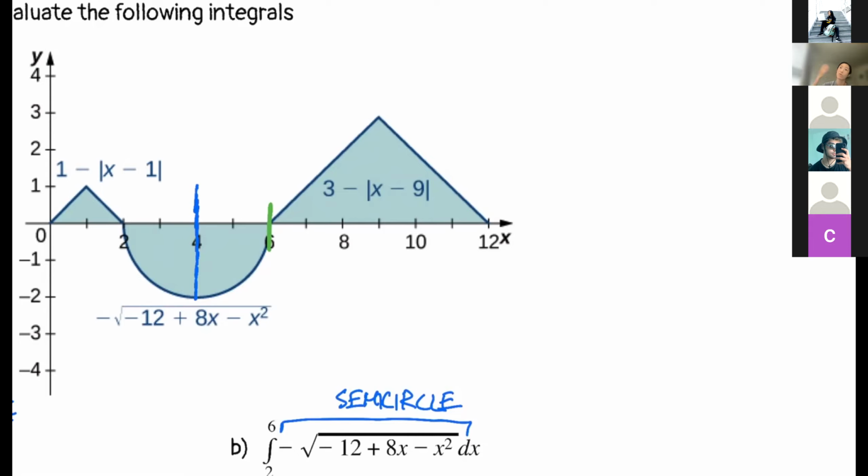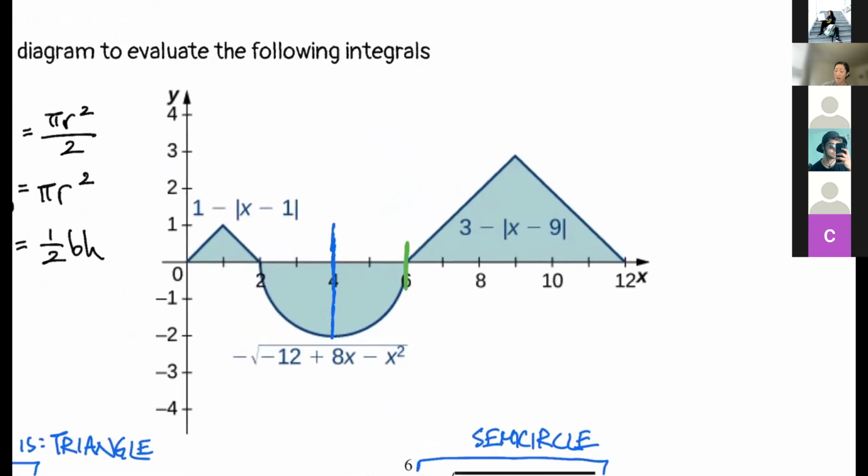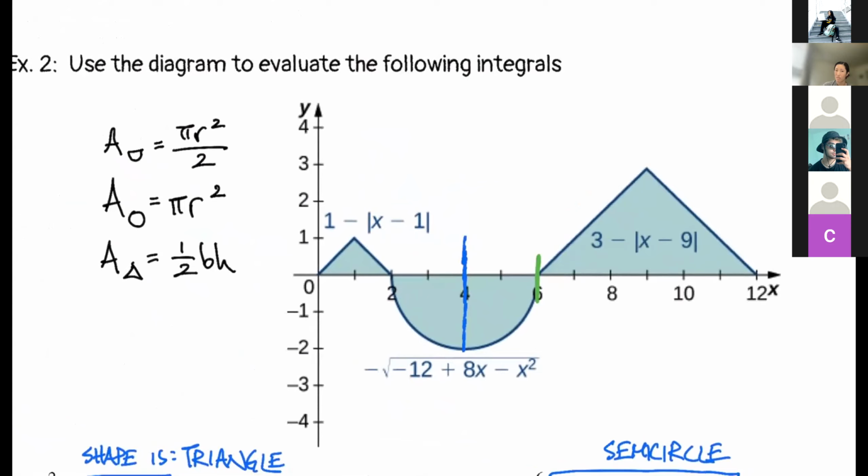Yeah, it's just going to be a quarter circle, right? Because it's half of a half circle. Well, we don't have a formula for that, but as long as we know our area of a circle, we can just divide that by 4 instead of 2, and then find this area. Okay.